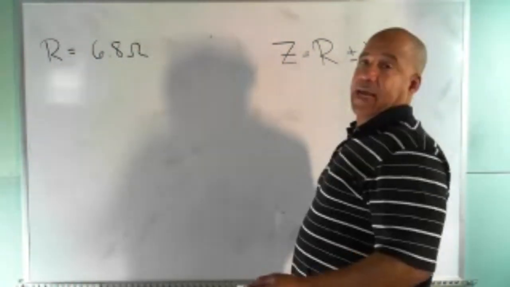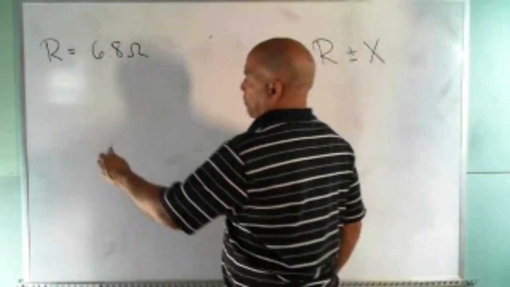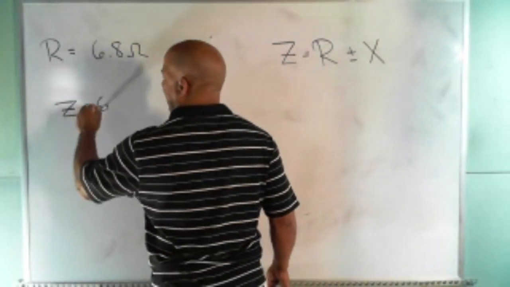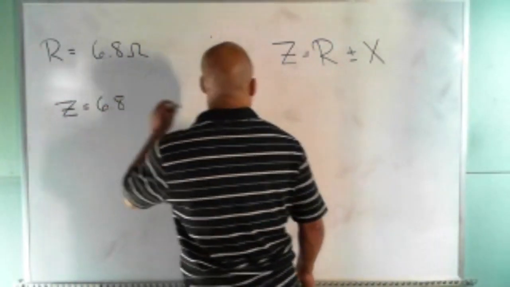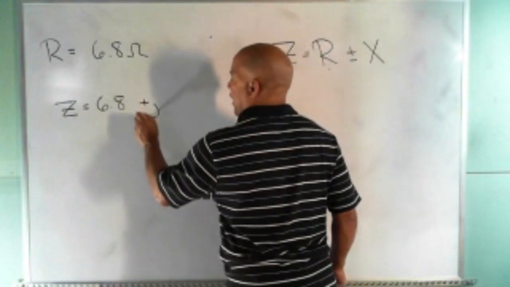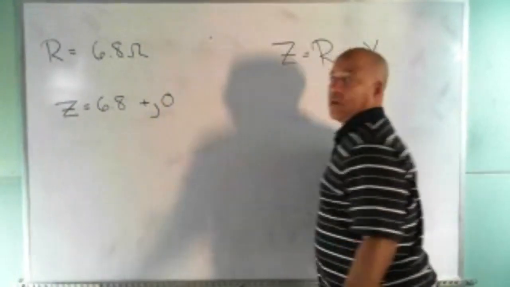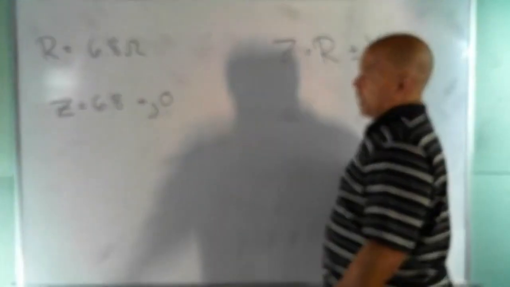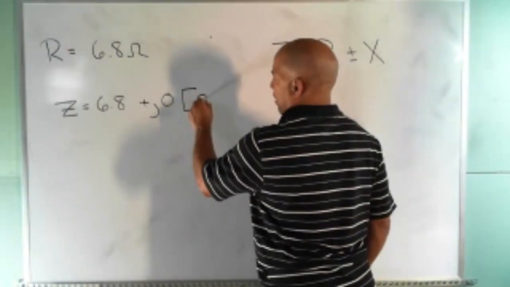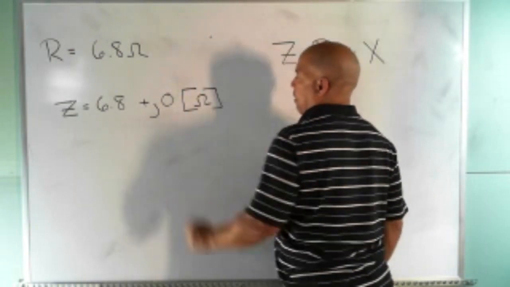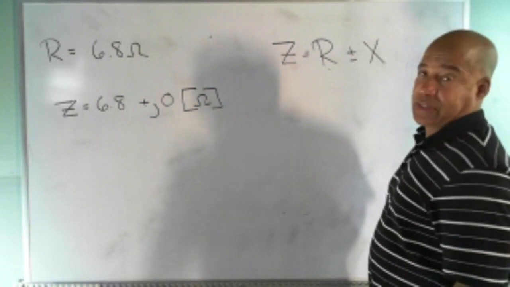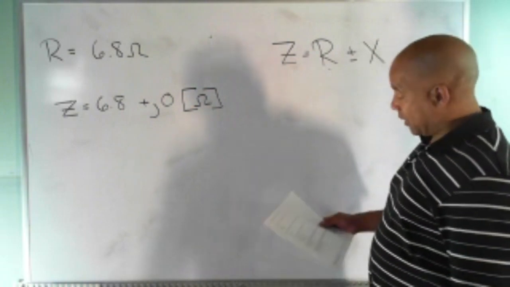So if I want to show that as an impedance, I say that Z equals 6.8. That's the resistive part, plus j0, because I don't have any reactive part. So that would be in ohms. I'll show it this way. So there it is, impedance in rectangular form, but they want it in rectangular and polar form.